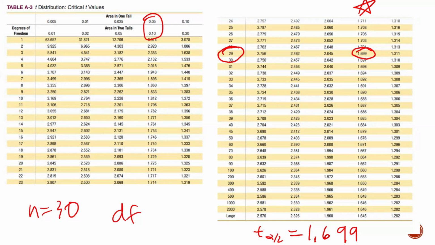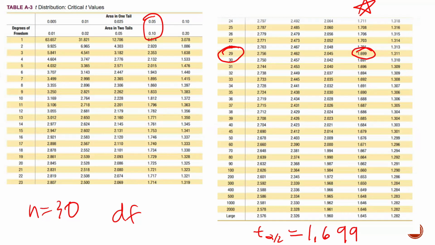The more normal it gets, the less thick those tails are, so more of the area is in the center, so the less far out you need to go to get a particular area. You can see that at the beginning, increasing a degree of freedom makes a huge difference. When you get larger, notice the values change less each time.